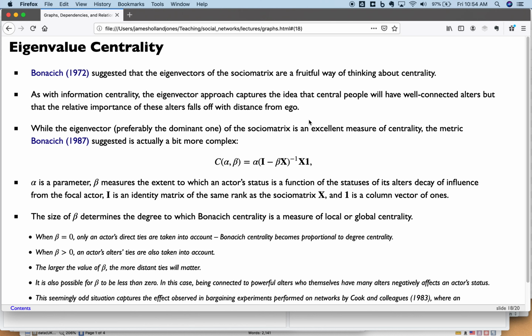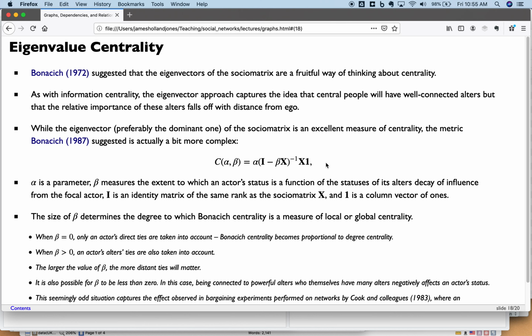So in the formula here, we've got the scaling factor alpha, we've got beta, which measures this decay of influence as you move away from ego. I is just an identity matrix, and 1 is just a column vector of 1s. We do a little linear algebra, we calculate that. The size of beta determines the degree to which the Bonacich centrality is a measure of local or global centrality.